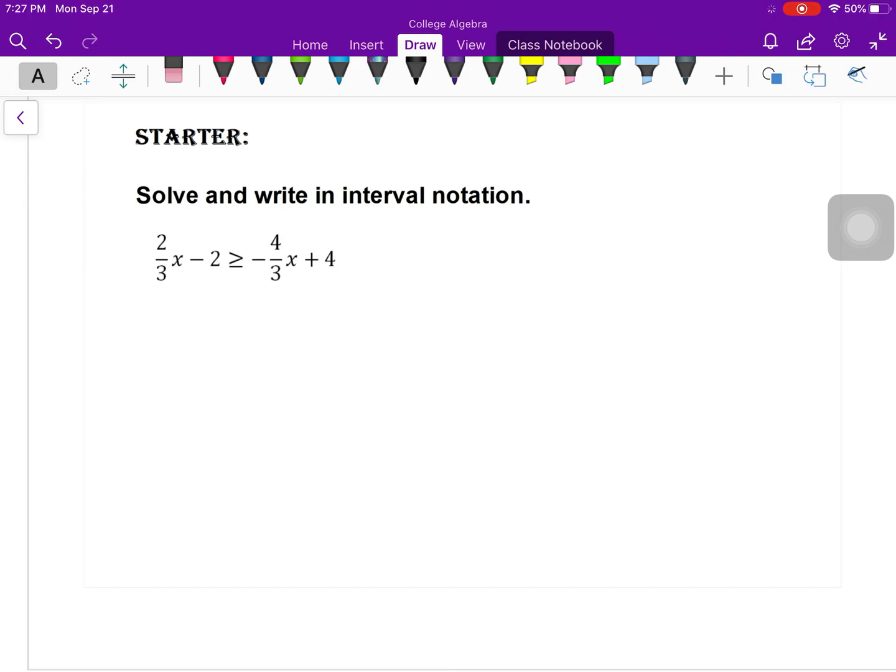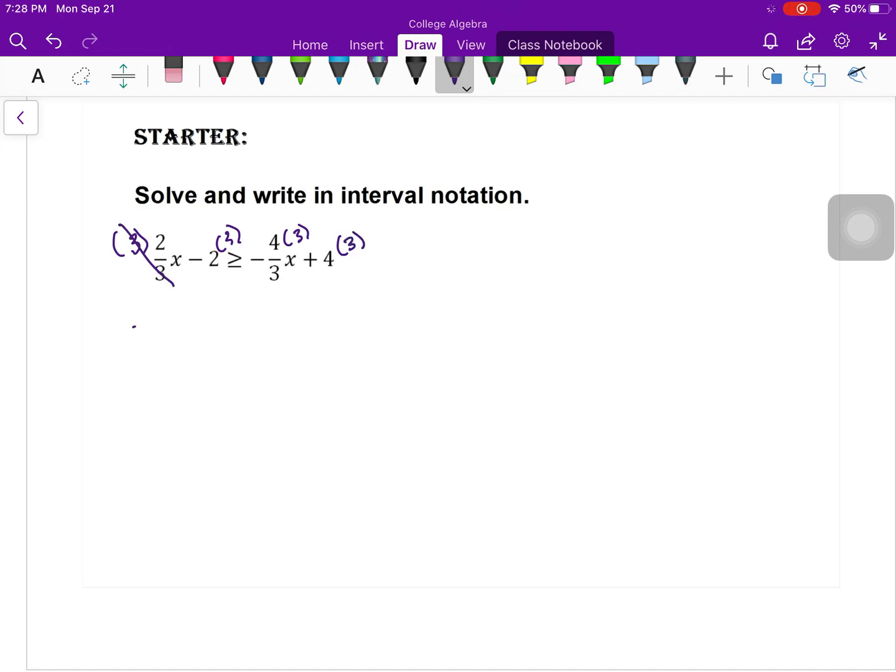And now we do it symbolically. So first I'm going to get rid of my fractions. I'm going to multiply everything by 3. So 2x minus 6 is greater than or equal to negative 4x plus 12.